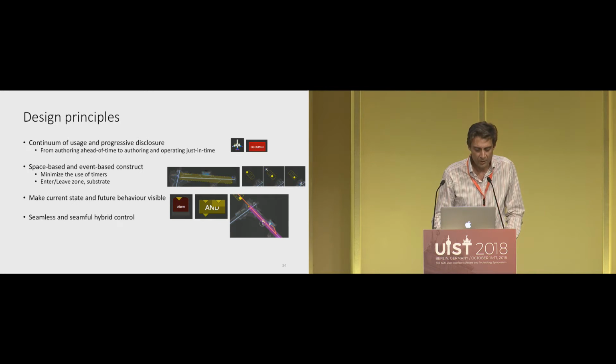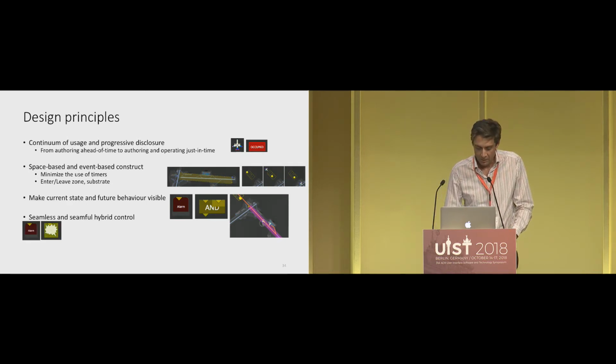And we provide seamless and simple hybrid control. So what do I mean by seamless and simple hybrid control? Seamless means that programming constructs are designed to be performed indifferently by humans and automation, so we can connect things seamlessly between humans and the automation, the machinery.